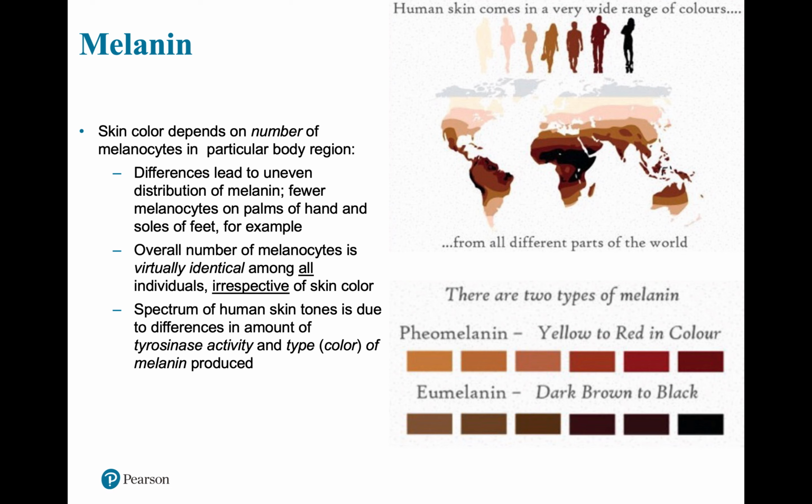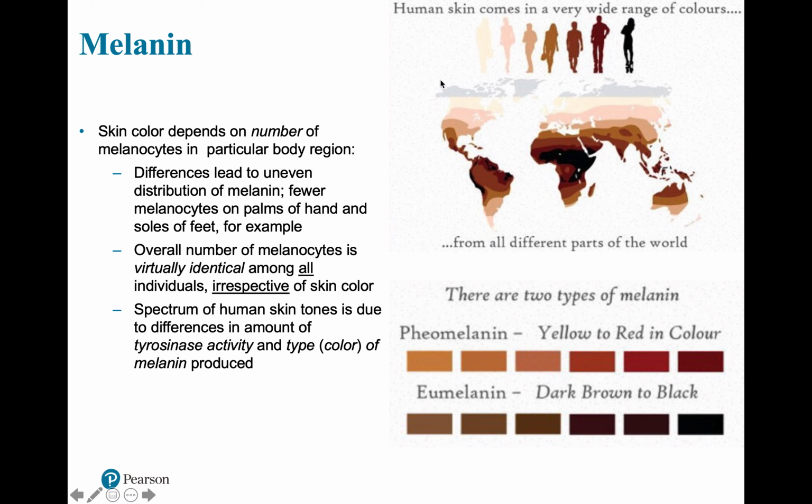So that's the evolutionary hypothesis as to how different skin colors evolved in different parts of the world: individuals in areas that had higher UV radiation exposure needed more melanin so that their cells could be protected from DNA damage, but also to prevent excess vitamin D synthesis and hypercalcemia.